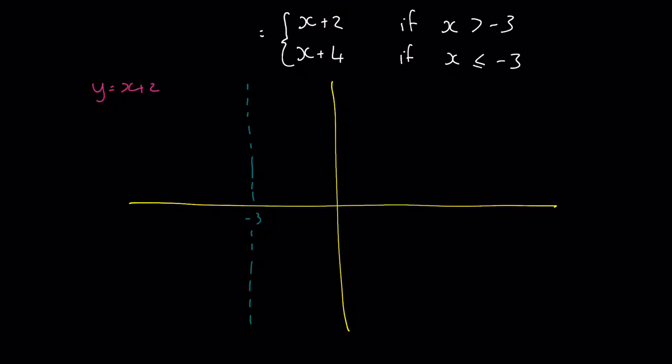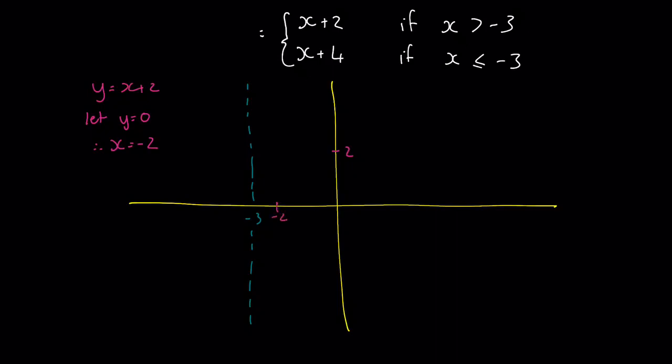I'm going to do it in pink. So at positive 2 is our y-intercept. For the x-intercept, you're going to let y equal 0. Therefore x will equal negative 2.